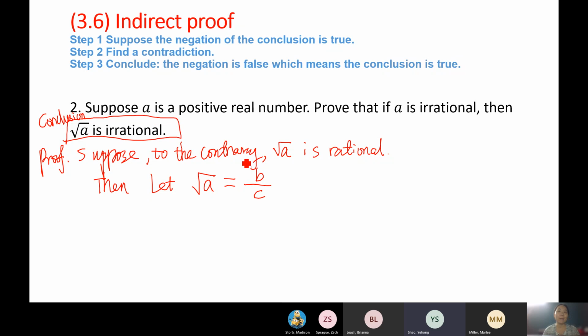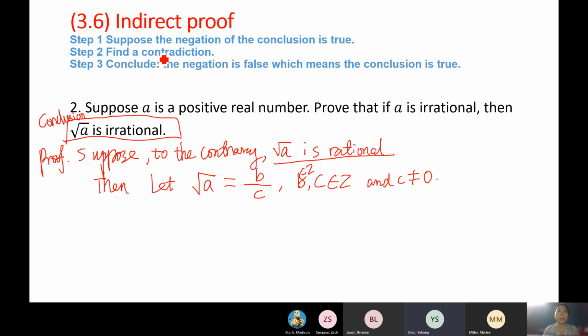You can't use a again, so you've got to pick different letters to represent that. So b and c are both integers, and c is not equal to 0. Because if it's rational, which means it's a fraction, I should be able to pick a fraction. So let square root of a equal b over c.